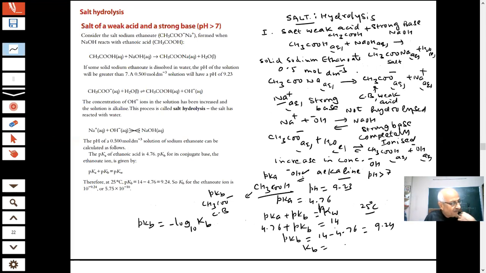You can use a calculator. pKb is equal to minus log Kb. 9.24 is equal to... This will come out to be 5.75 times 10 power minus 10.